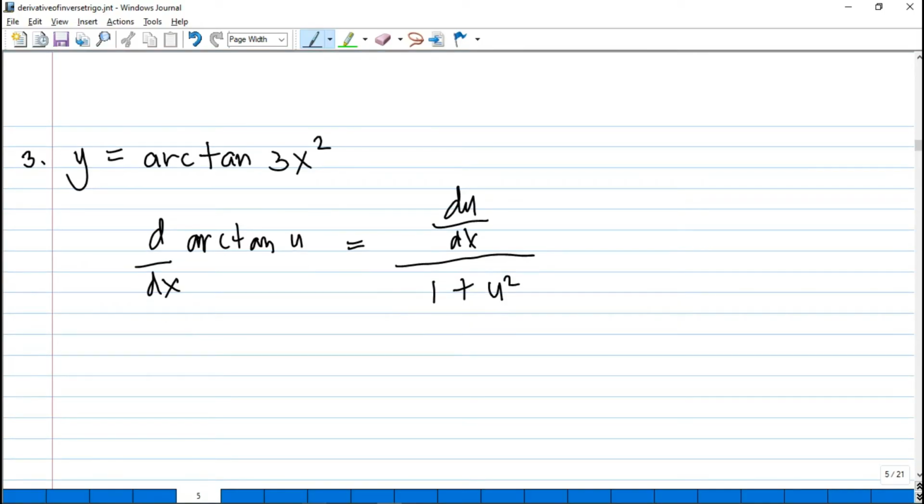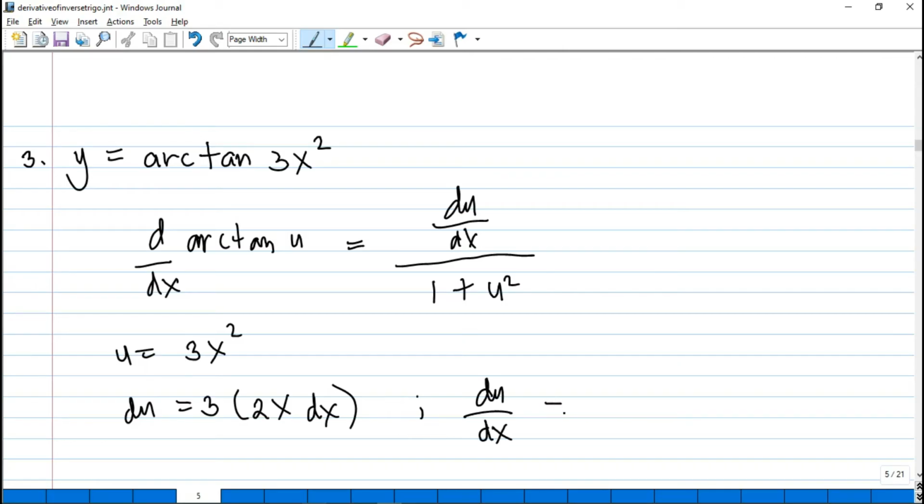From the given, we can say that u is equal to 3x squared, our inside function. So the derivative of u equals 3 times, using the power formula, bring down the exponent, that is 2x. Therefore we can say that du over dx is just equal to 6x.